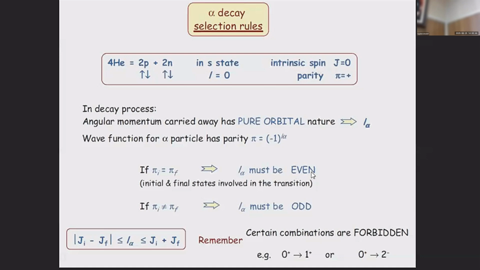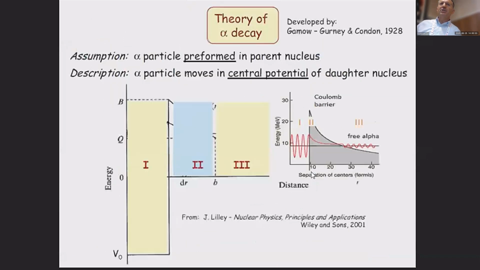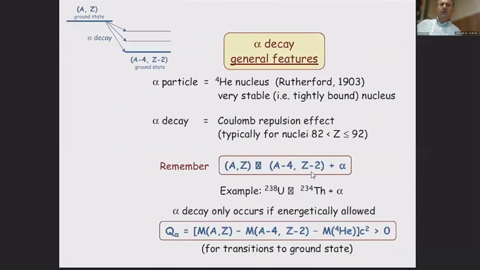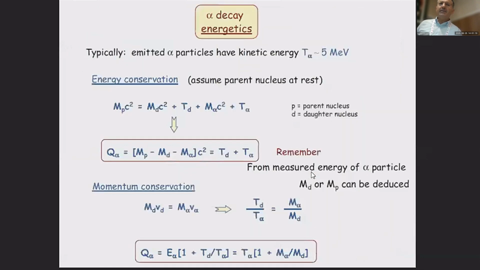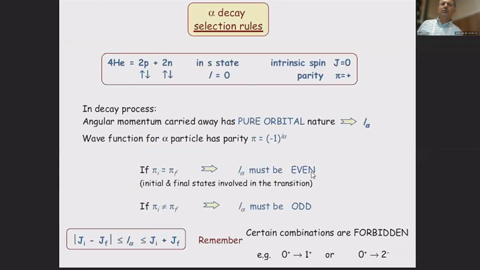Now, imagine it decays from one level to another one. What is the rule? I mean, imagine from here to this one or that one. Would it be possible that this particle decays from that to here, or that to the ground state? What is the selection rule? That's called the selection rule. Therefore, depending on whether initial and final states have the same parity, L must be even, or if the parities are different, L must be odd.